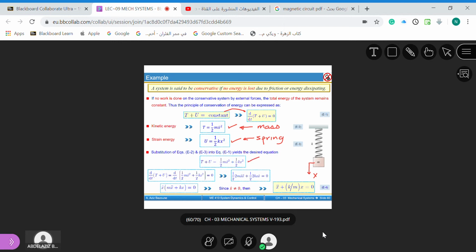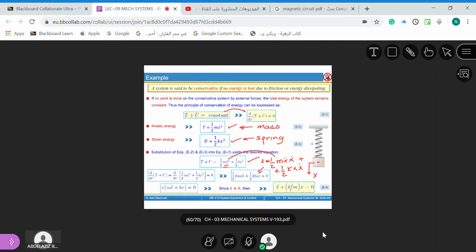This is the total energy. Now, if we differentiate this with respect to time, when we differentiate half m x dot squared, it will give 2 times half m x dot times x double dot. This is when you differentiate the first term. Plus, when you differentiate the second term, it will be 2 times half times k times x times x dot.